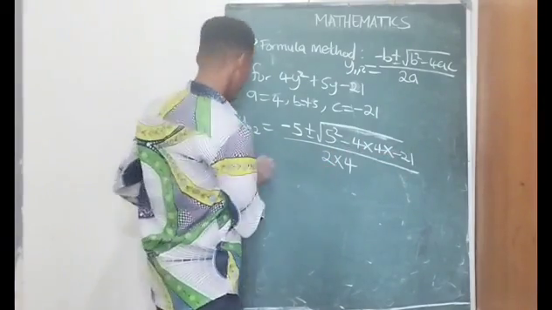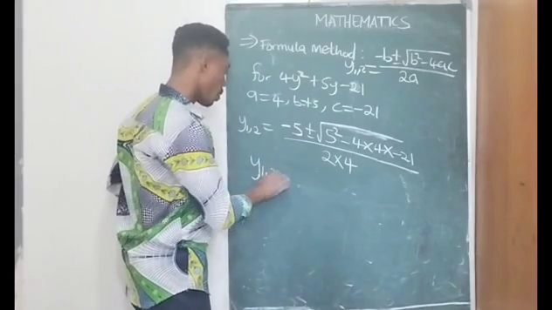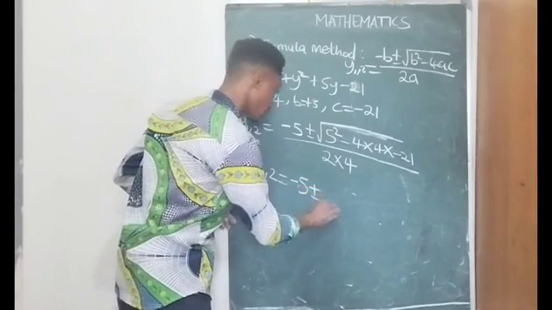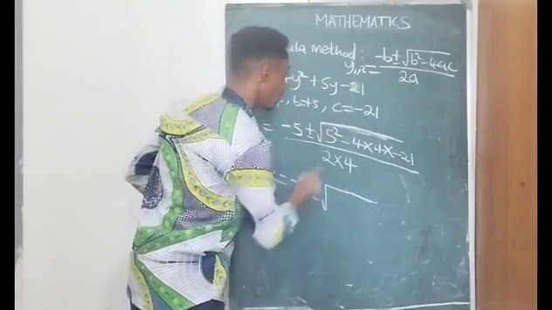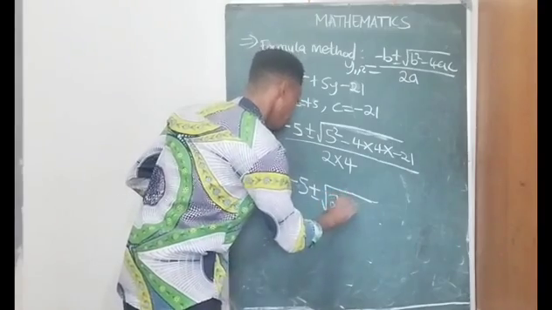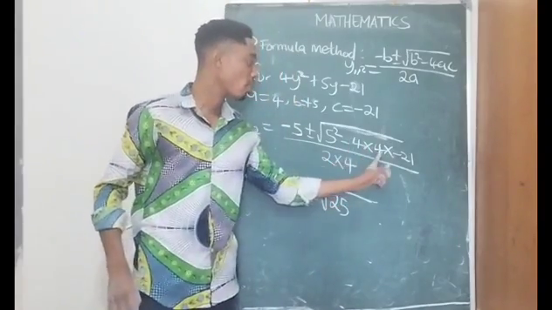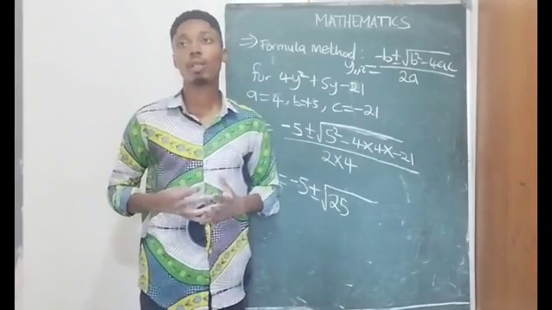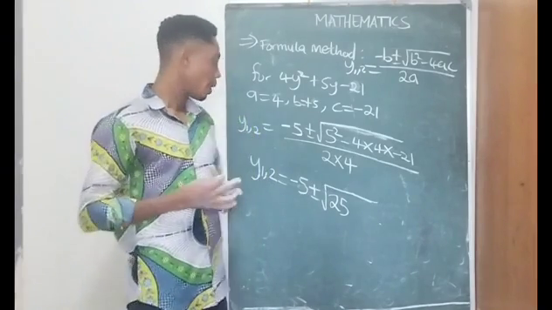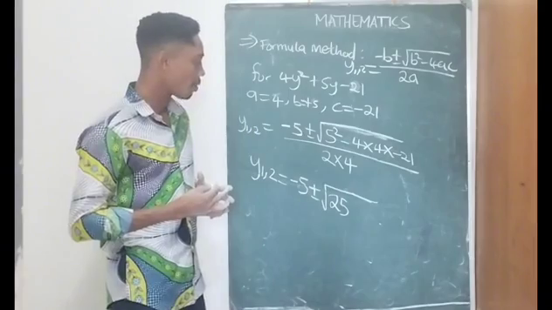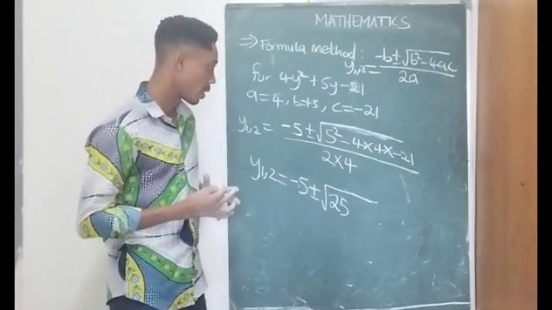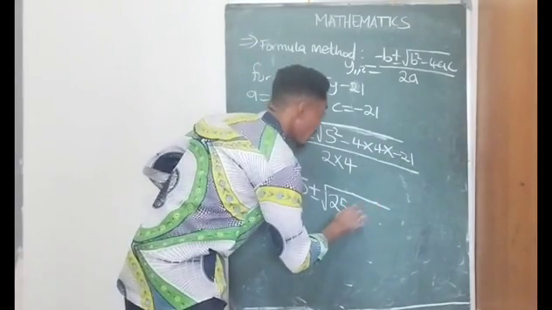So moving forward from there, we would have minus 5 plus or minus the square root of 5 squared, that is 25, minus 4 times minus 21. Using your calculator, you are going to see that we will have 336.